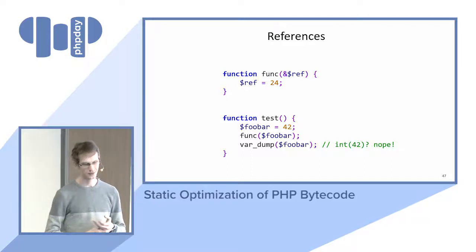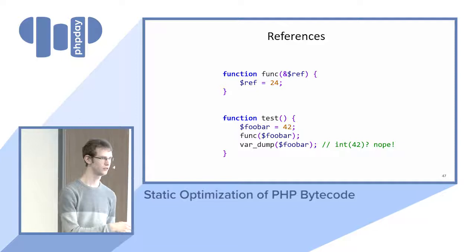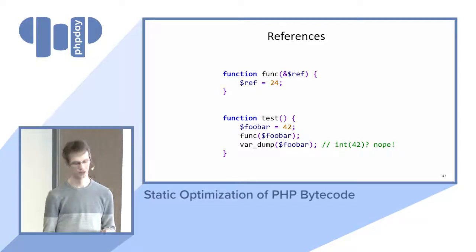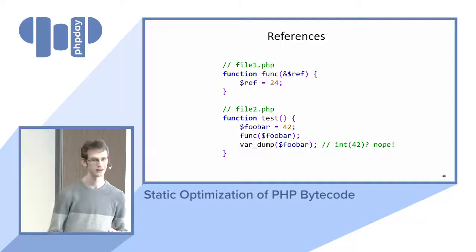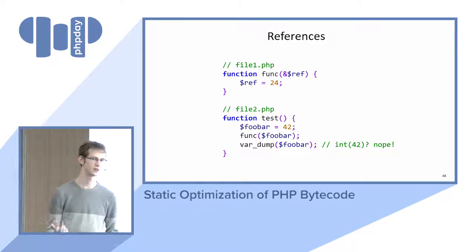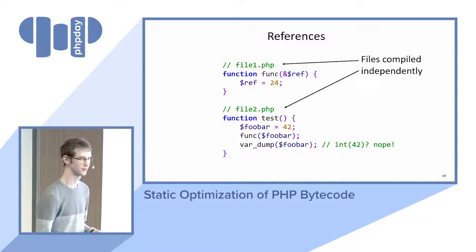But the problem is that in many cases we don't actually know whether a function accepts by value or by reference. The reason why we don't know is that if these two functions are defined in separate files, then these files are also compiled independently.